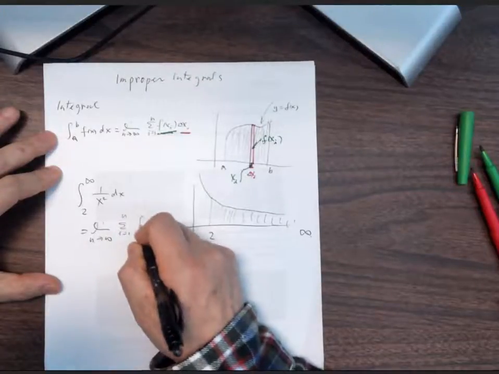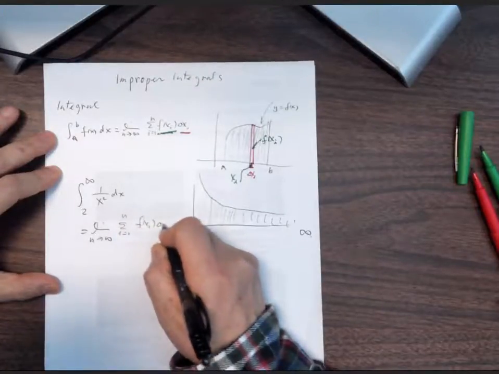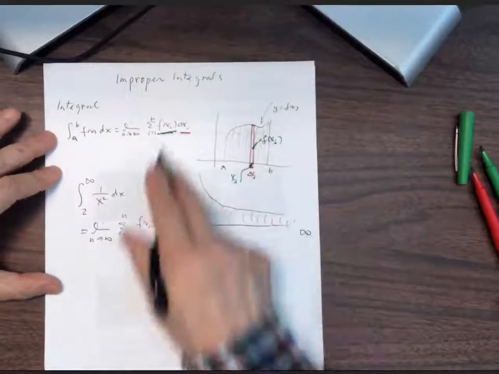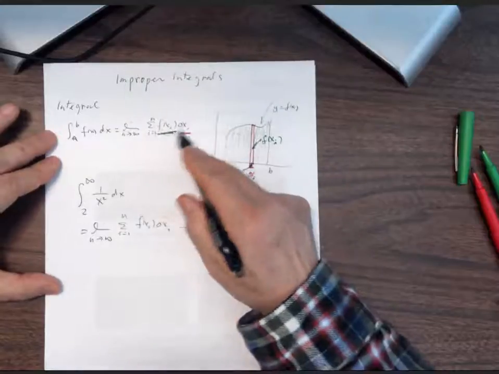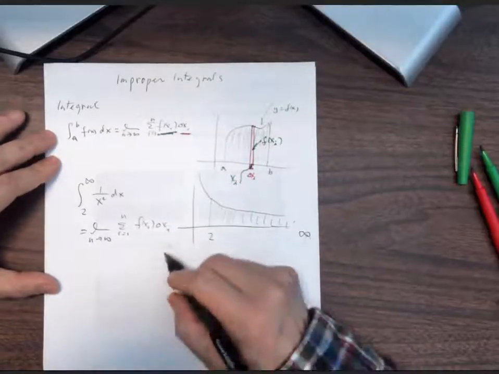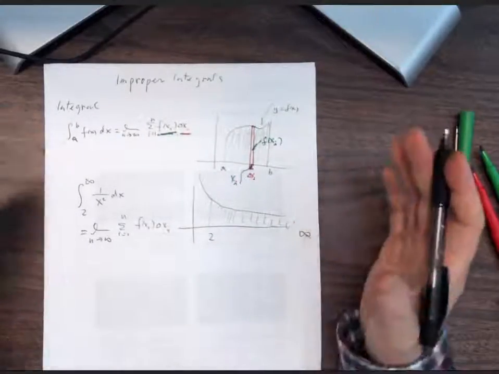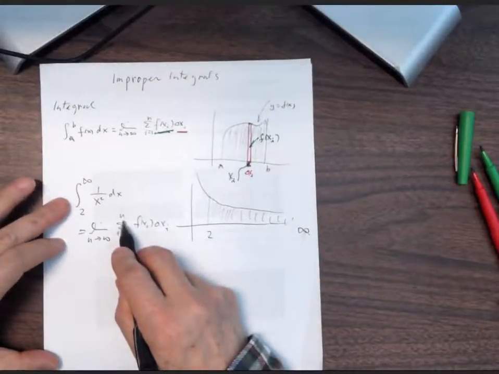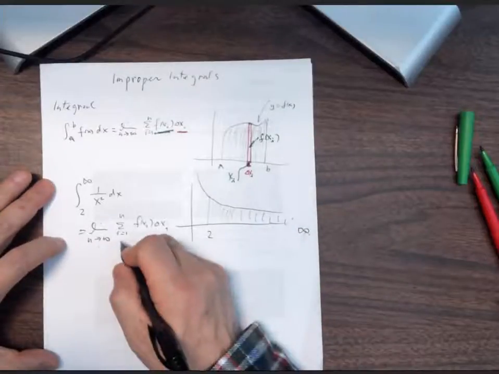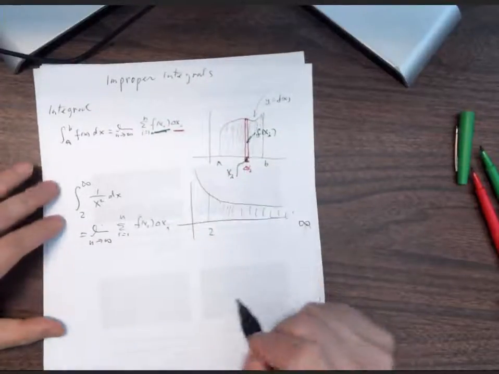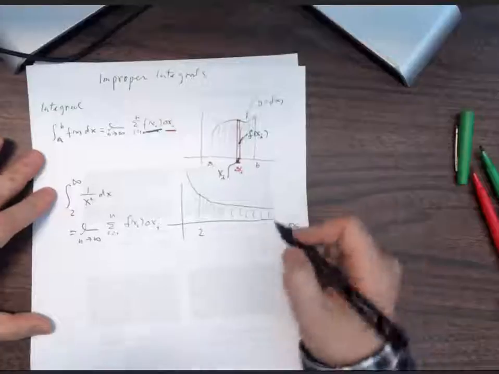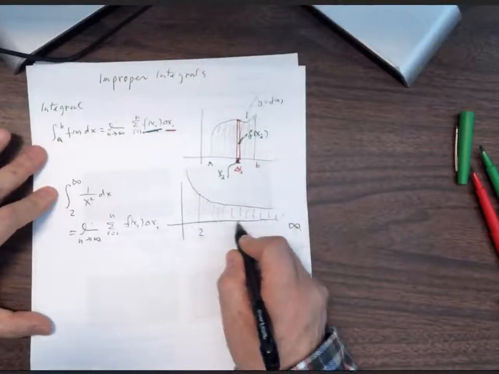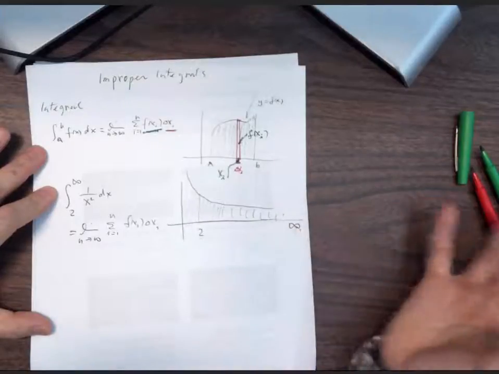Because if we try to do this, how we slice it up, the process, if you check out up here, is we divide this first of all into n parts, then send the number of strips n to infinity, check the limit. Now the total length of this interval is infinity.